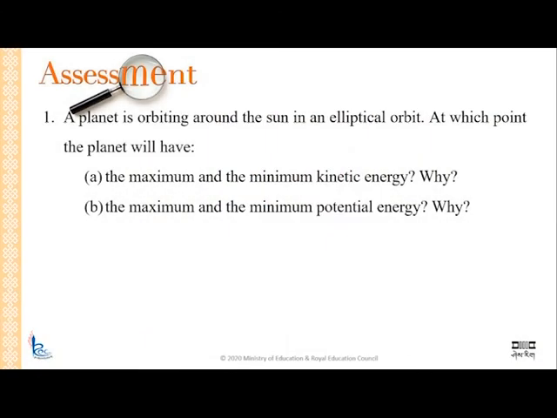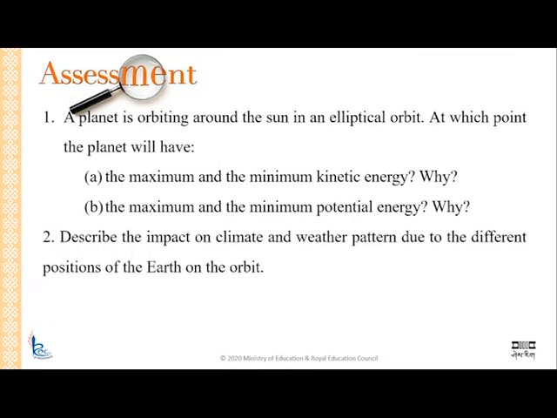With this, we have come to the end of our lesson, but before that, I have a few assessment questions for you all. The first question is, a planet is orbiting around the Sun in an elliptical orbit, at which point will the planet have the maximum and the minimum kinetic energy and why? The second one, at which point will the planet have the maximum and the minimum potential energy and why?